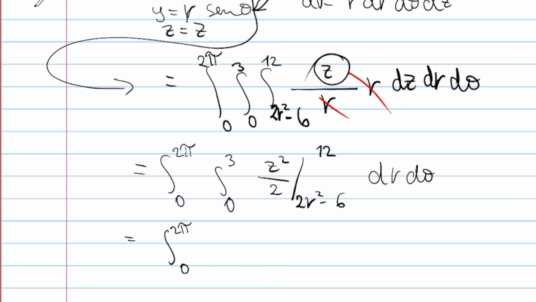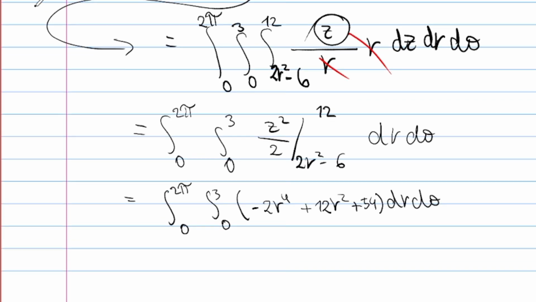Doing every operation here, you'll get minus 2r to the power 4 plus 12 r, plus this, dr d theta. Good.